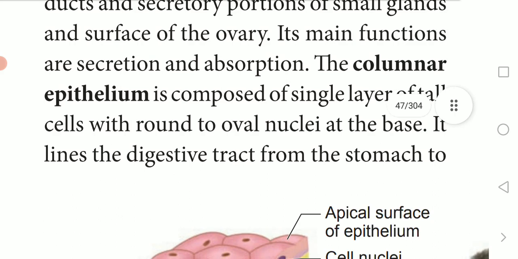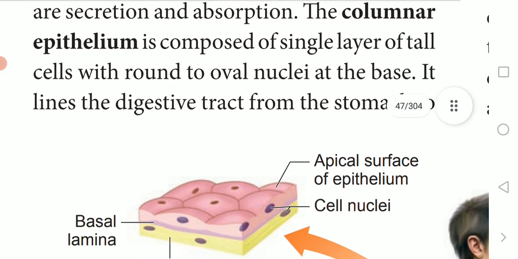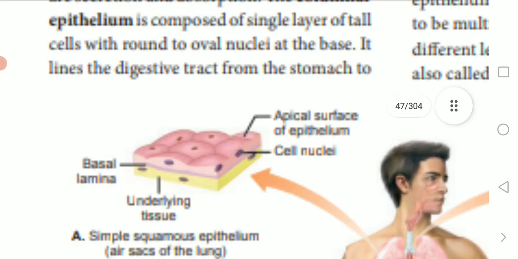The next tissue is the columnar epithelium tissue. This is also composed of a single layer. I'll show you the diagram here.